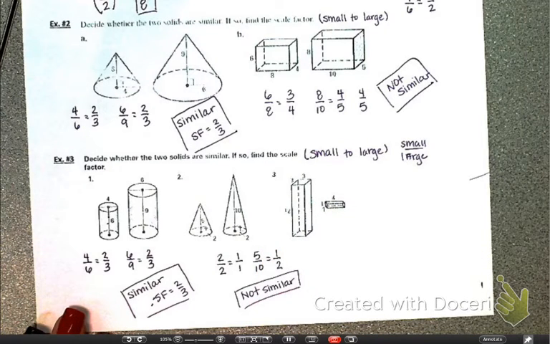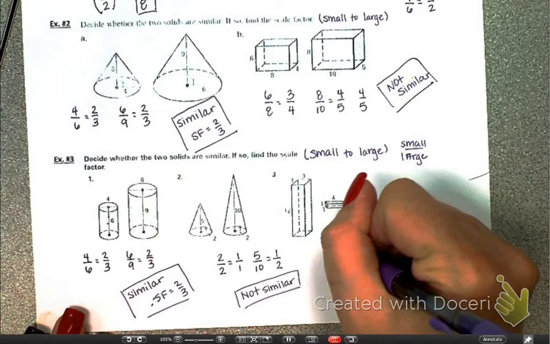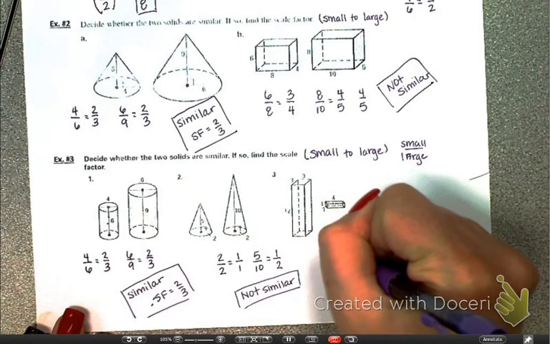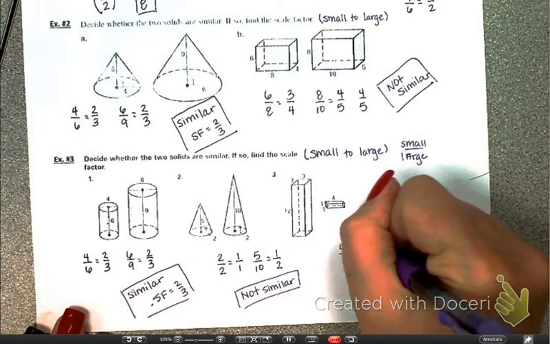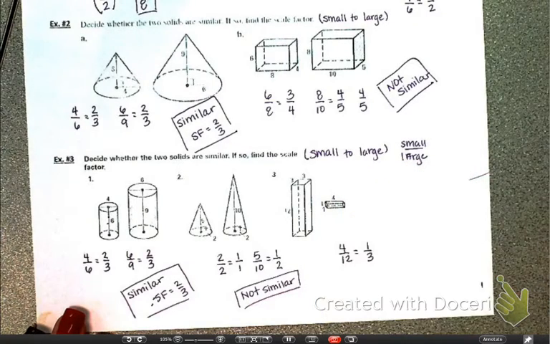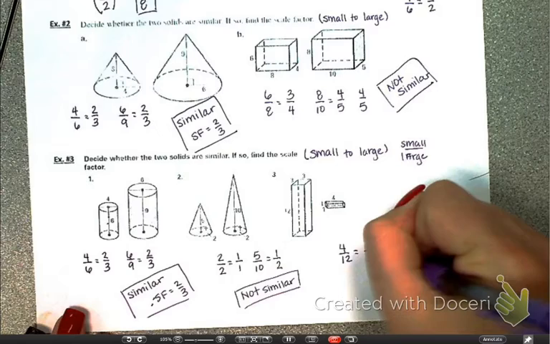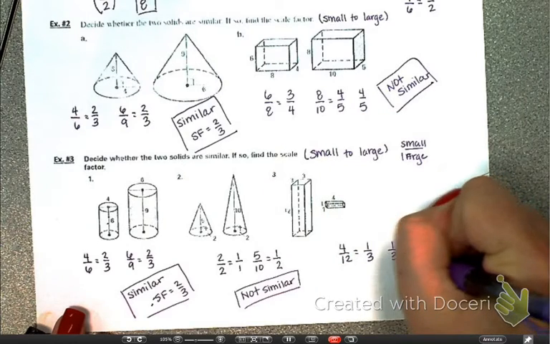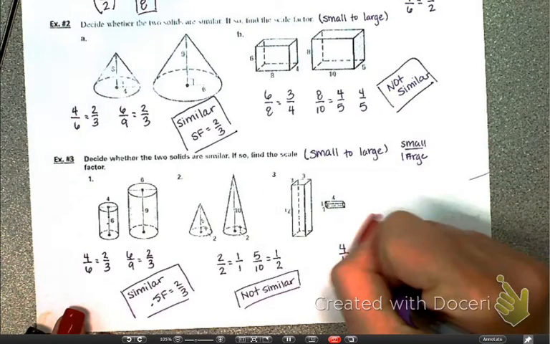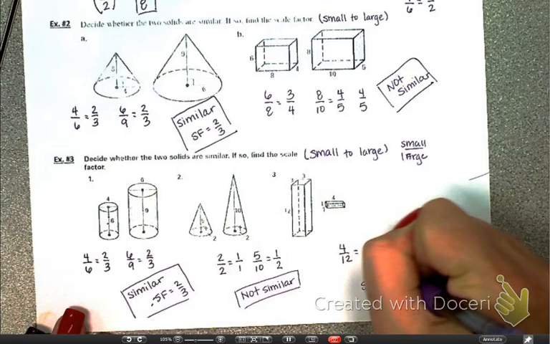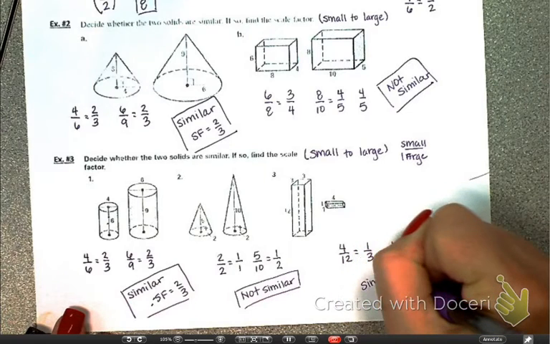Did number 3 trick you? No? Okay, so what'd you compare? The 4 and 12, so the height giving you 1/3. And then 1 over 3 for the side lengths and 1 over 3 again. So they are similar. And the scale factor is 1/3.